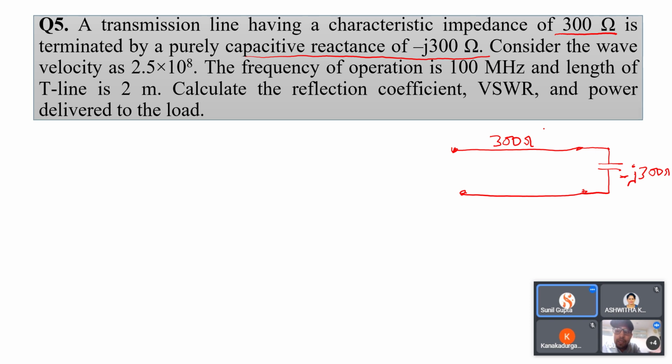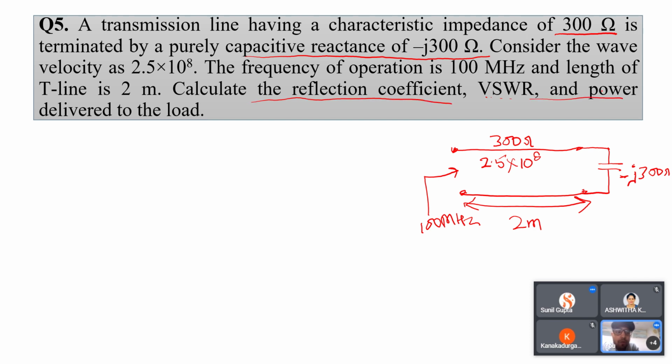Consider the wave velocity is 2.5 into 10 raised to the power 8. The frequency of operation is 100 megahertz, and the length of the transmission line is 2 meter. Then calculate the reflection coefficient, VSWR and power delivered to the load.